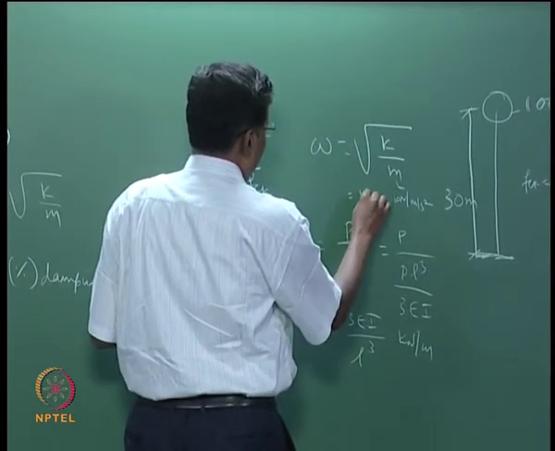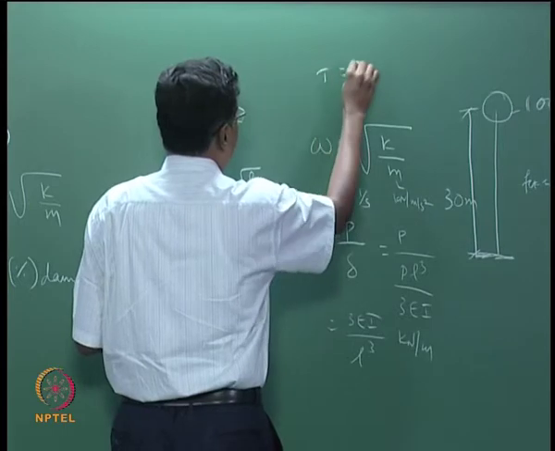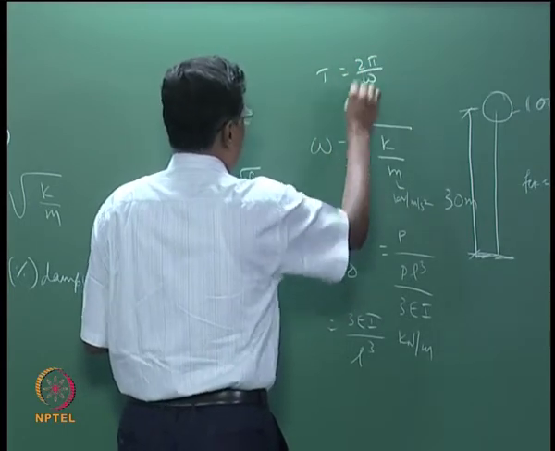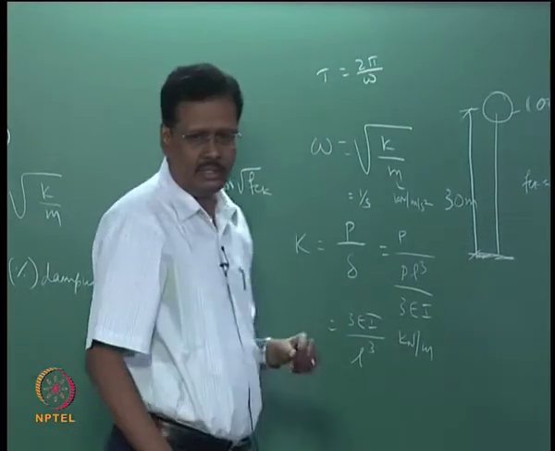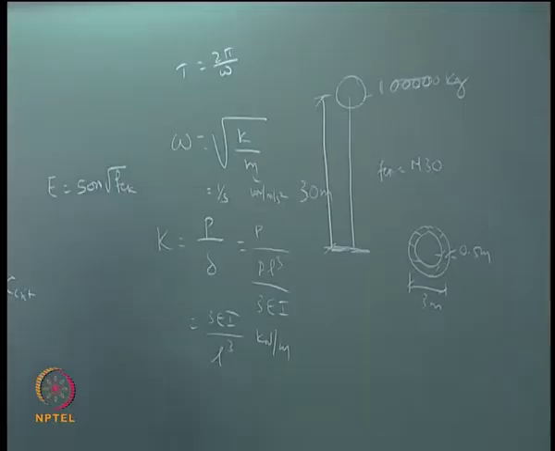Correct only, you will get 1 by second. T will be 2 pi by omega. This is how you have to calculate the period. For any structure you can calculate like this.